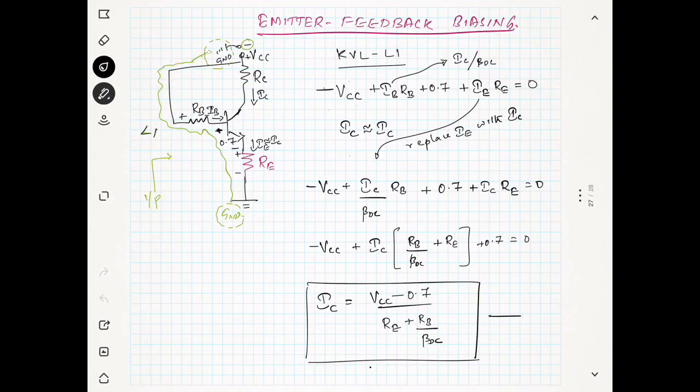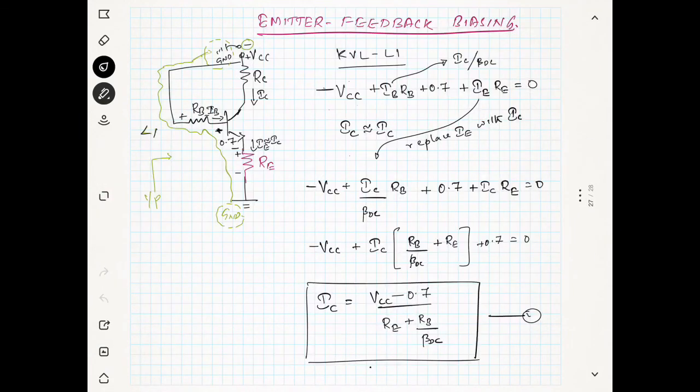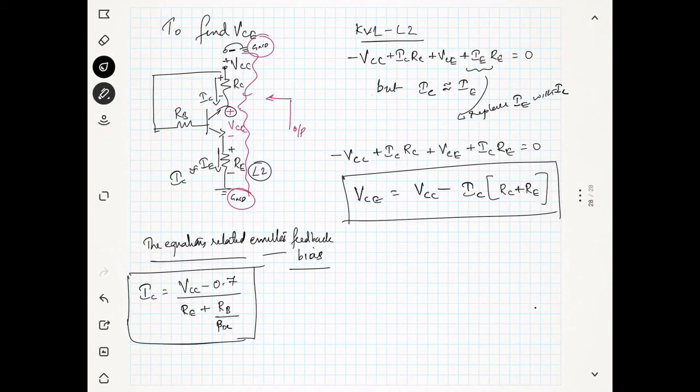So this is the first equation, that means IC is equal to VCC minus 0.7 divided by RE plus RB over beta DC. Am I correct? Right? RB over beta DC. And VCE is equal to VCC minus IC into RC plus RE. So these are the two equations related to the emitter bias.